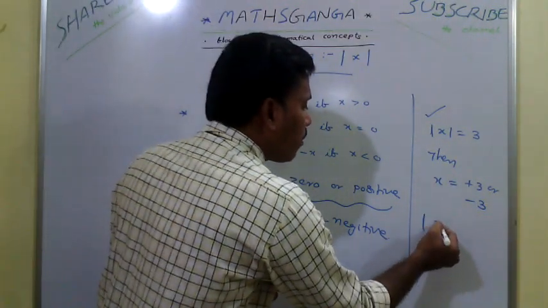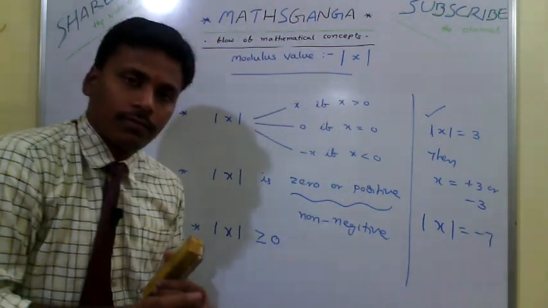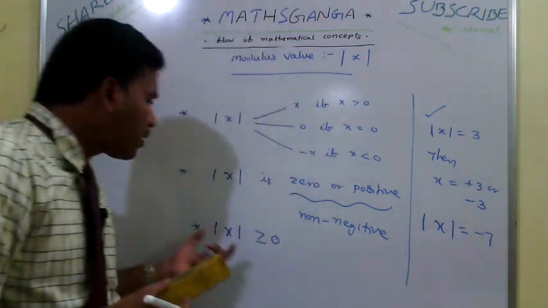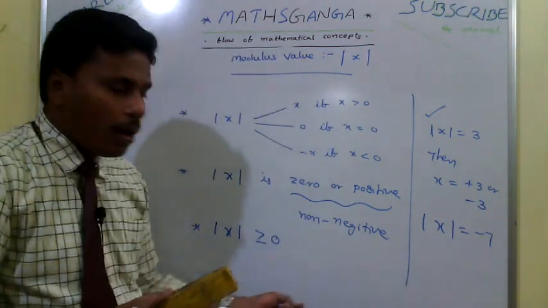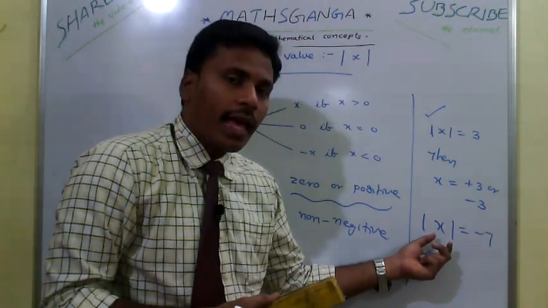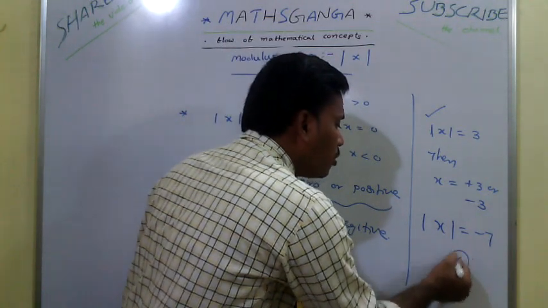In the same case, if anybody asks you mod x is equal to minus 7, then what is x? See, mod x is always 0 or positive. Mod x will never be negative. So if they ask us to calculate x from mod x equal to minus 7, clearly this is not possible. Why?